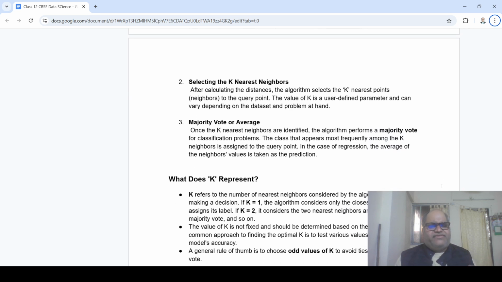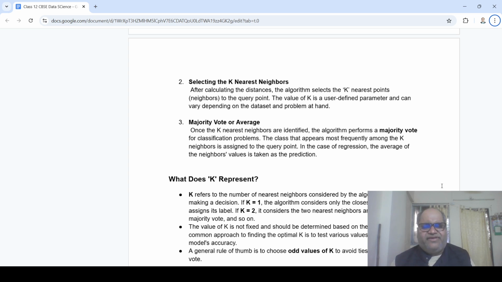Once you have some distance-based grouping, you look for the k nearest neighbors, taking the top k, whatever you are looking for.